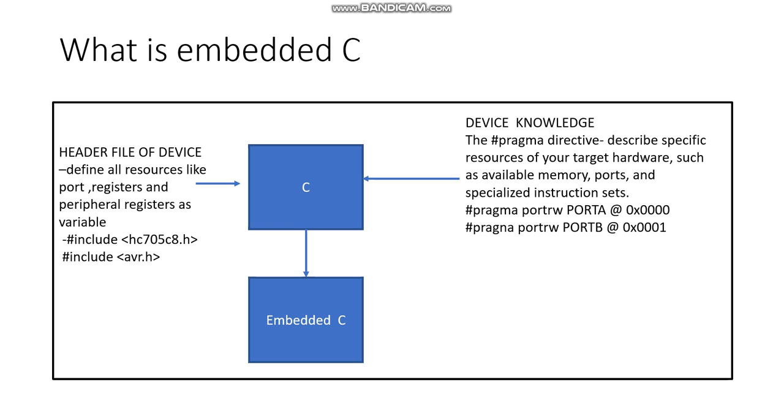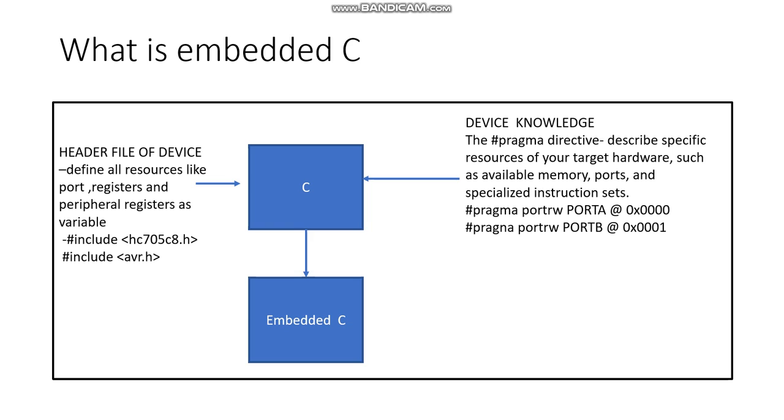If we want to utilize the C program for embedded system design, that means for a target microcontroller, we should educate or inculcate the knowledge about the microcontroller into the C compiler.